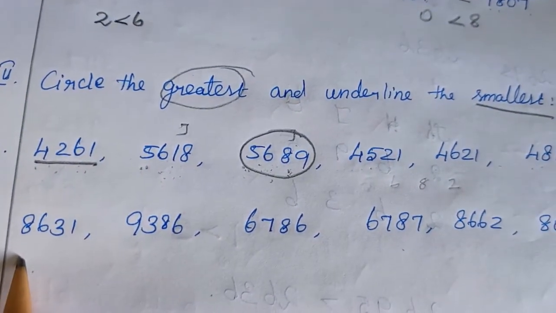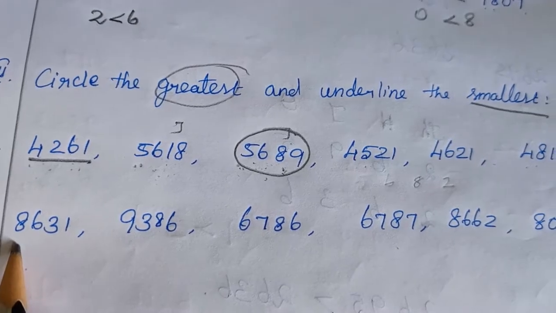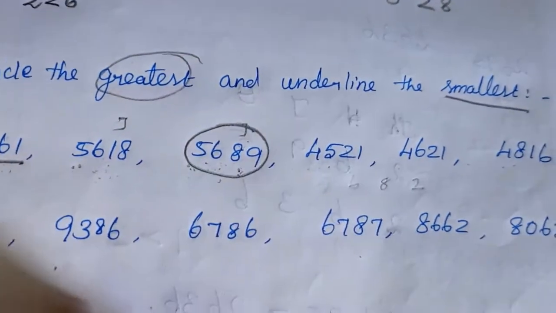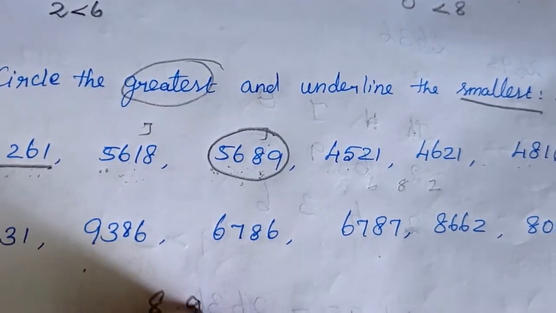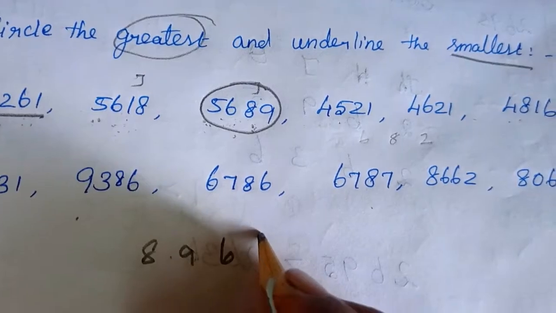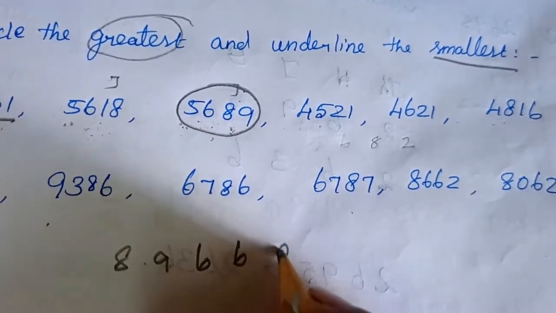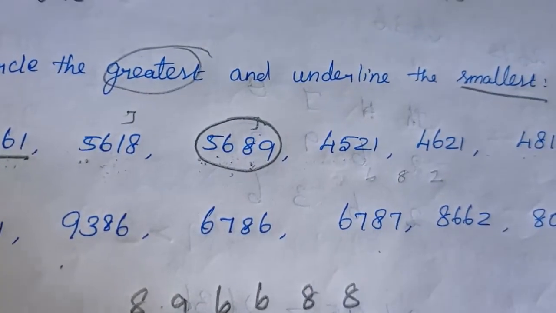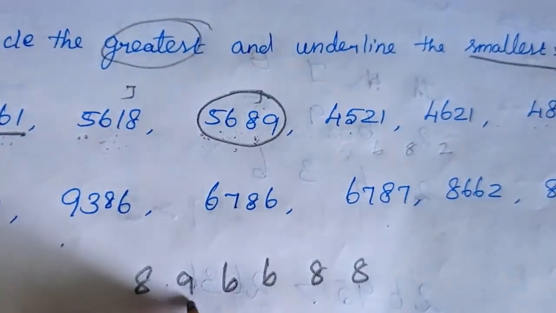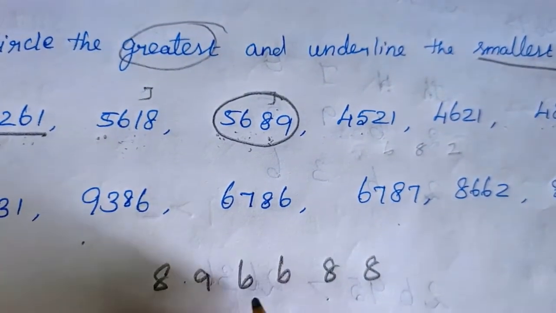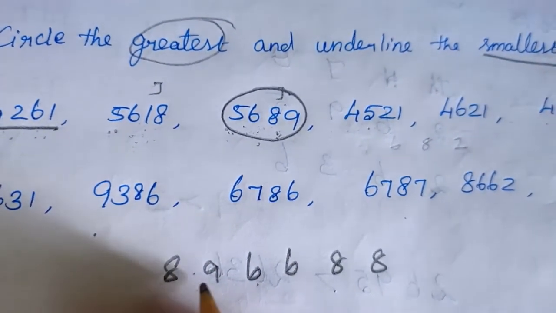Here the first number, the highest place value is 8, and the second number, the highest place value is 9, and the third number, the highest place value is 6, and the fourth number also 6, fifth number 8, and the last number also 8. Okay children, so among this, which is the highest value? 6, 9 or 8?